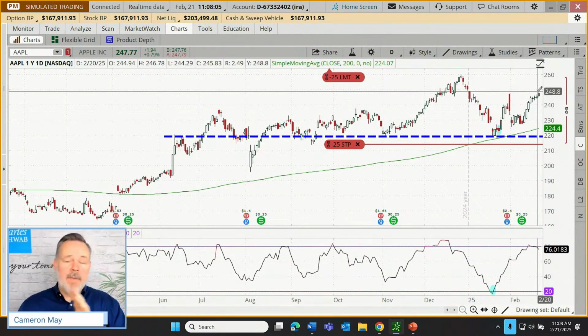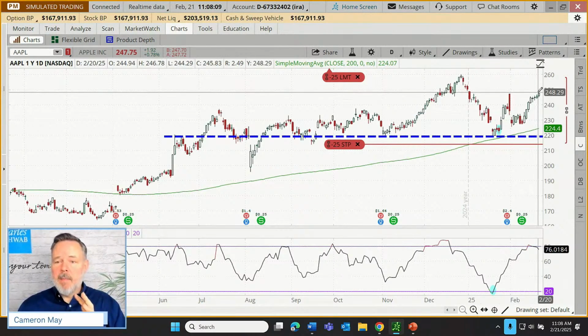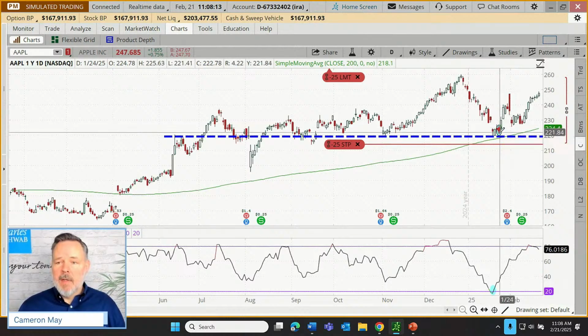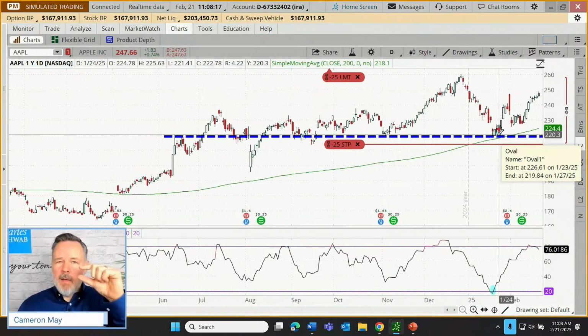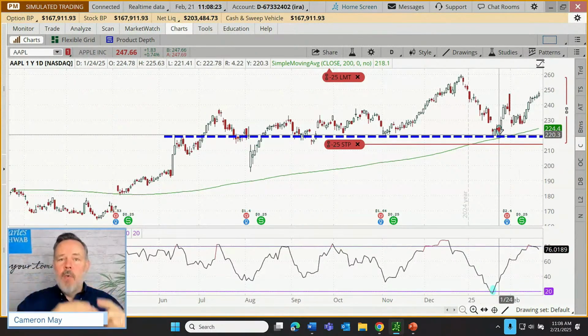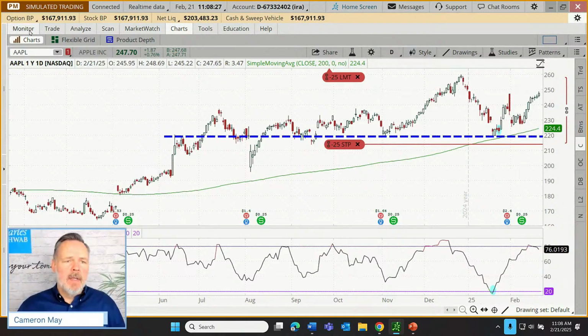A trader, if it's within their rules, maybe they might look to possibly even start to take off some of the position at this point, because our entry was such a small dollar risk. We've actually already more than exceeded at least a 2, probably a 3 to 1 reward to risk unrealized gains at this moment.